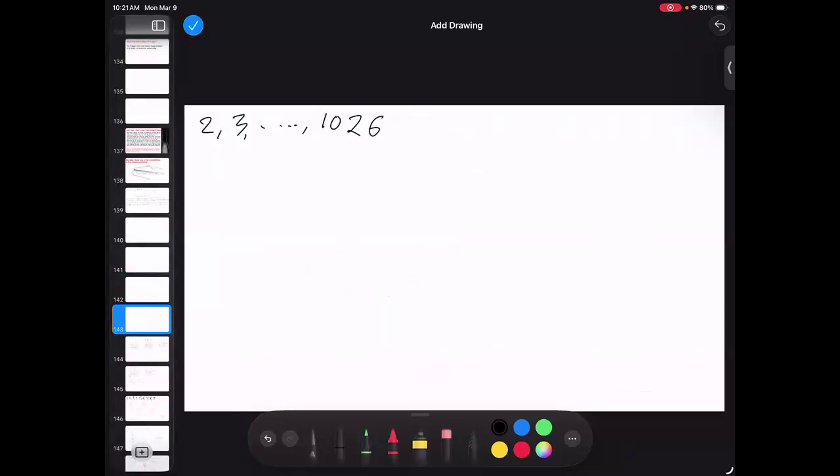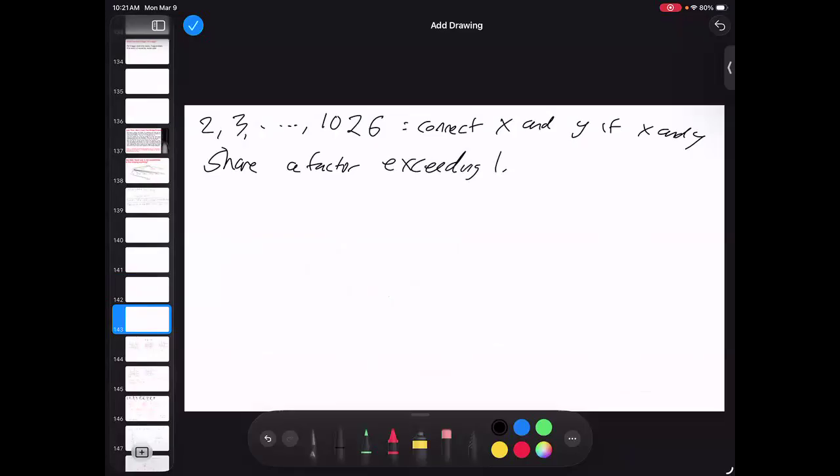So consider the numbers 2, 3, all the way up to 1026. And we connect X and Y if X and Y share a factor exceeding 1. Because if I give you 2 integers, clearly 1 divides both of them.